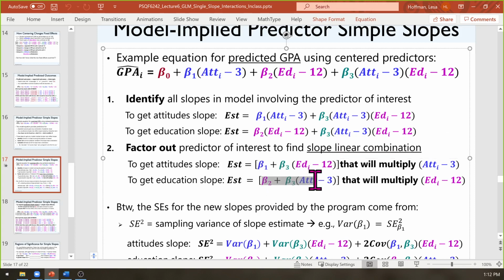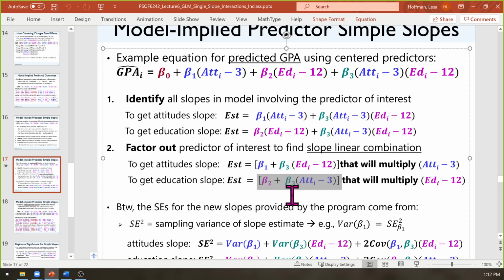Then likewise, in parallel, to go the other way, if I want to talk about the effect of education, beta 2 is the effect of education after controlling for all the other predictors, but for what kind of person? 3. Yes. When the second term drops, which happens when attitudes equals 3.